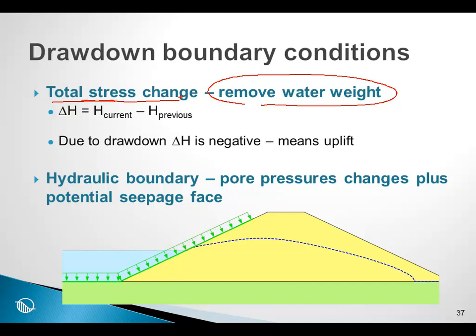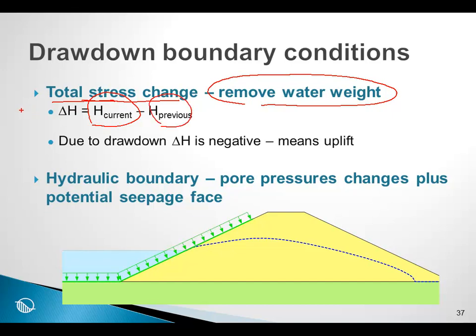The way we do that in SIGMA/W is to define a special type of boundary condition, which is known as a hydrostatic boundary condition. And the hydrostatic boundary condition is a function, and since we are drawing the water down, the elevation of the water currently is less than the elevation in the past.